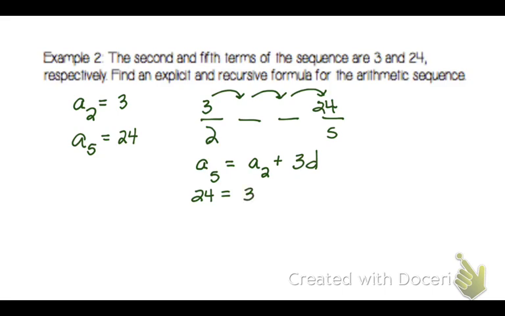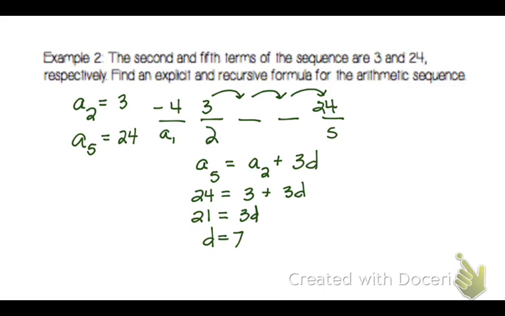So I can plug in those terms that they told us, and then I need 3 times the common difference. Subtract 3, so that's 21. 3 times d, divide by 3, so my common difference is going to be 7, which means to go backwards to a sub 1, I would subtract 7, sorry, not 3, so that would take me to negative 4.